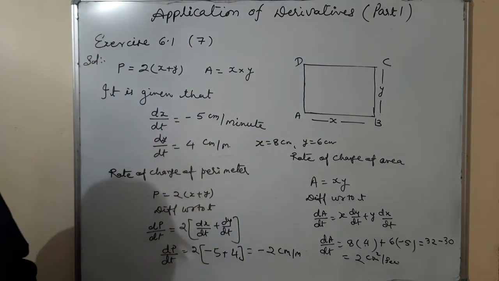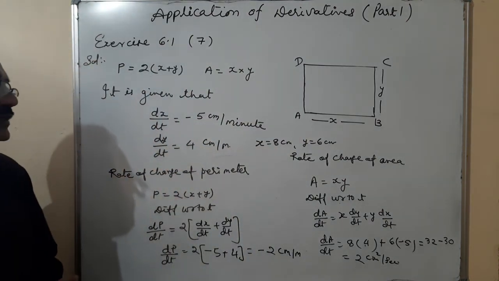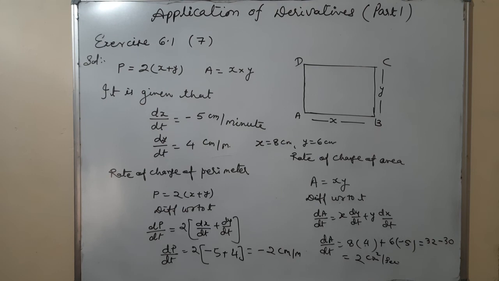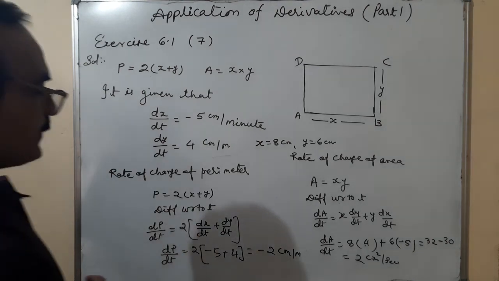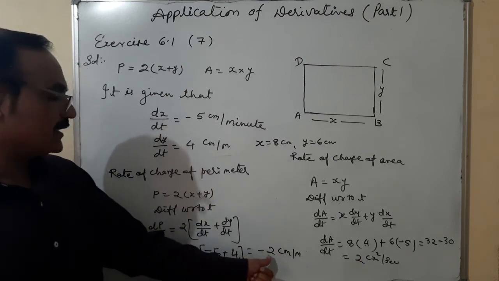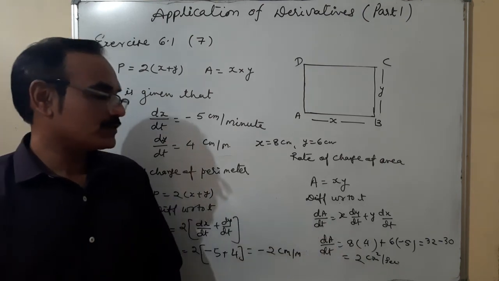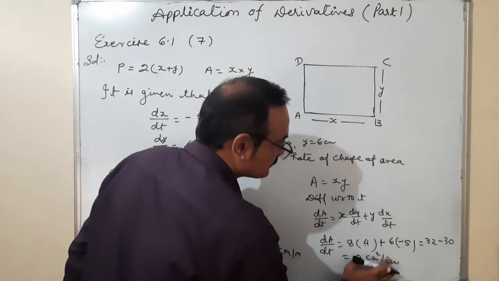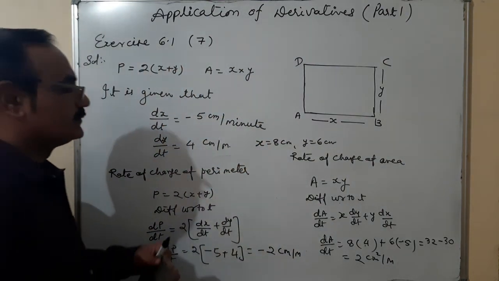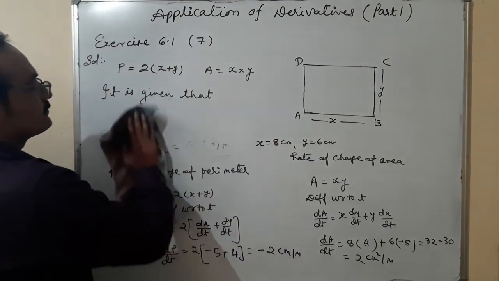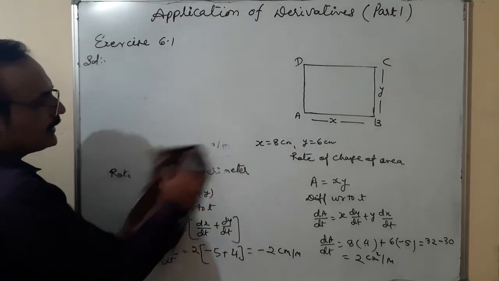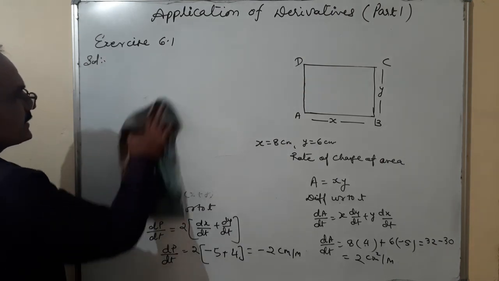Okay, so now the picture is clear. The area is increasing at the rate of 2 centimeter square per minute and perimeter is decreasing at the rate of 2 centimeter per minute. This is a clear indication: minus 2 centimeter per minute means it is decreasing, and 2 centimeter square per minute means it is increasing. In differentiation, the minus sign indicates that it is decreasing and the plus sign indicates it is increasing.